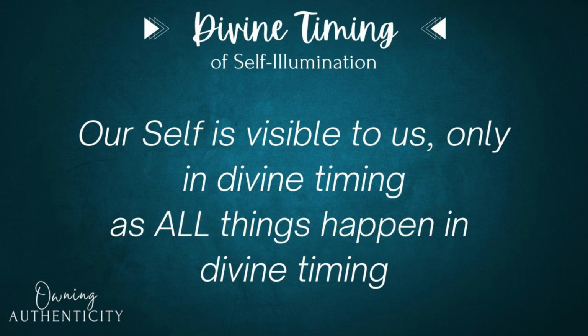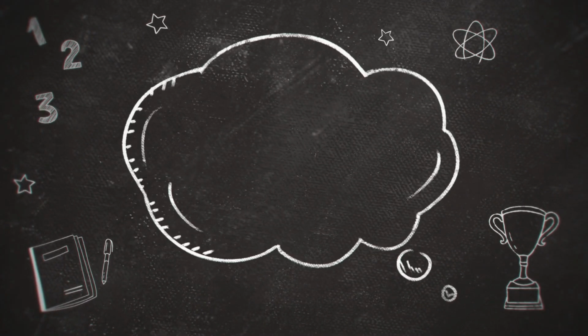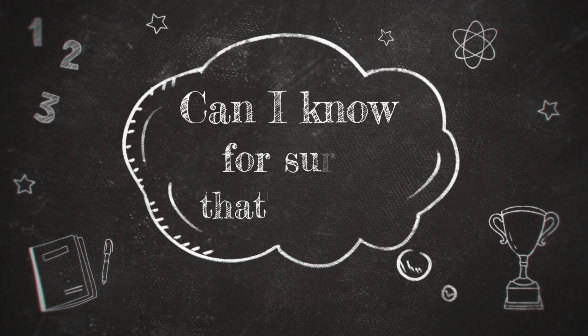I think that's a very relatable event that is maybe going to happen to you at some point. And two, when that happens, ask yourself, could this be divine timing that I don't understand? Do I know it's true that I'm meant to understand this right now? Is that true? Can I know for sure that that's true?